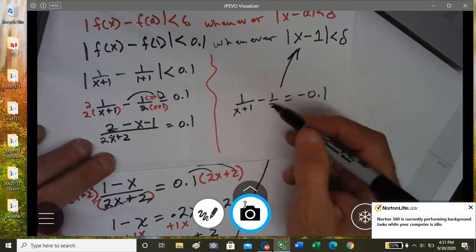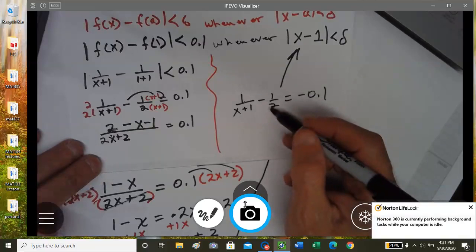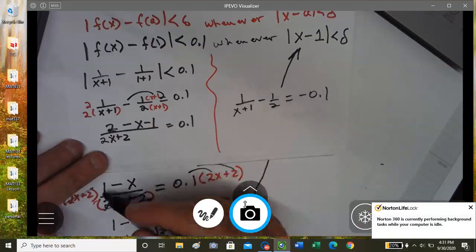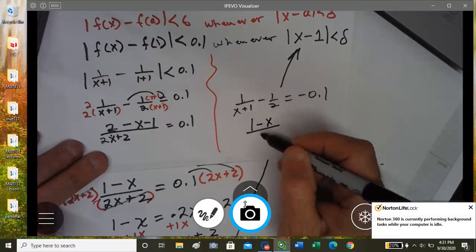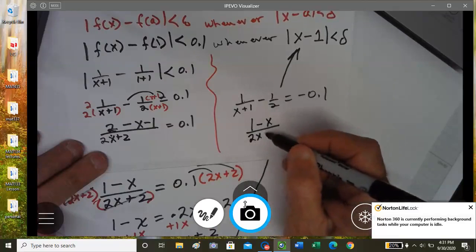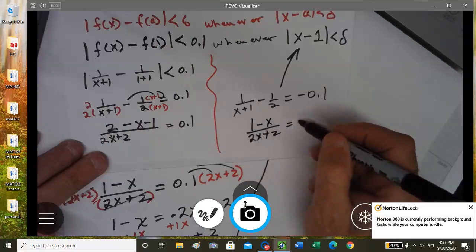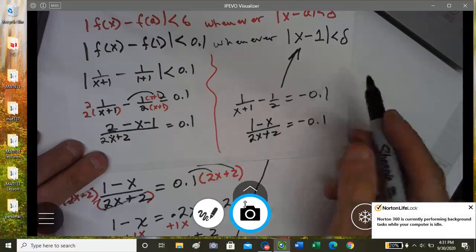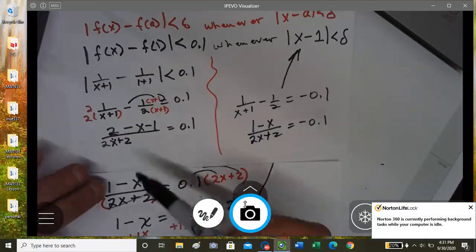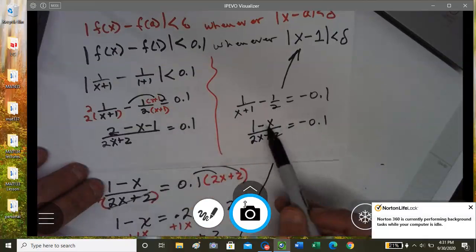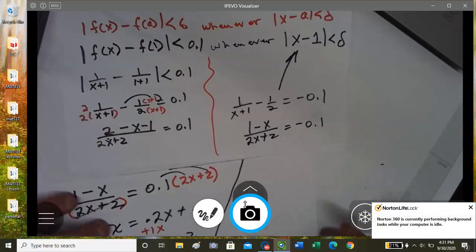So again, we combine these, right, and we get the same thing here: (1 minus x) over (2x plus 2) equals a negative 0.1. What we did here and here is the same process.